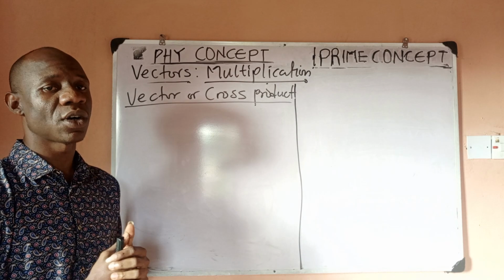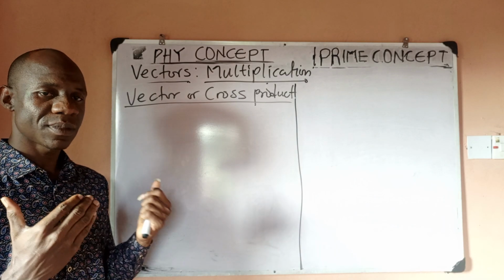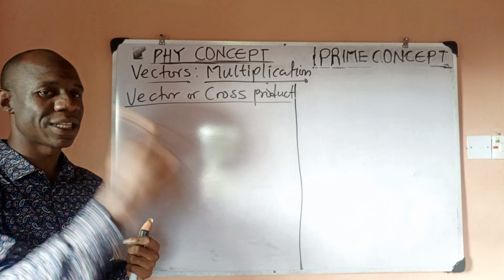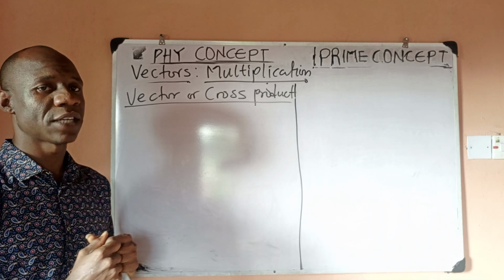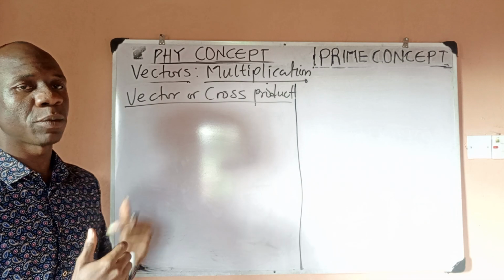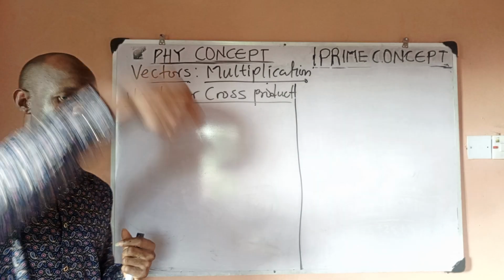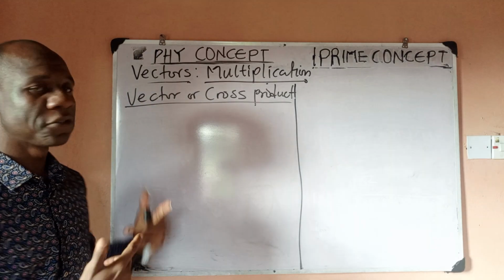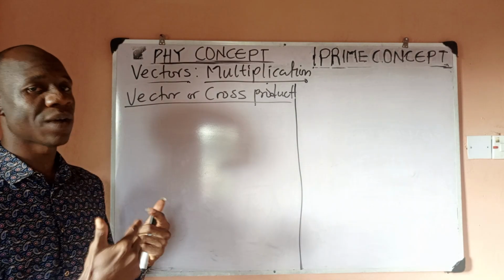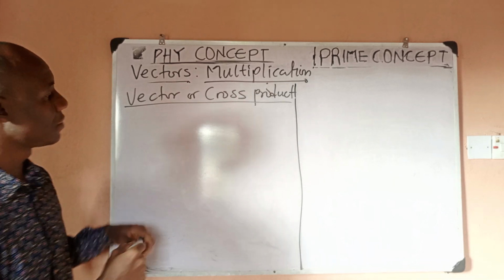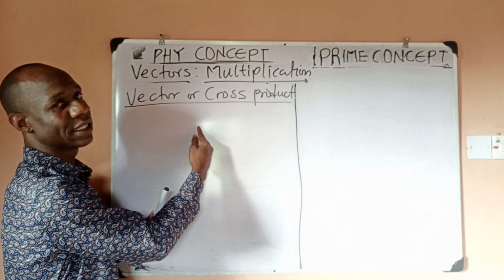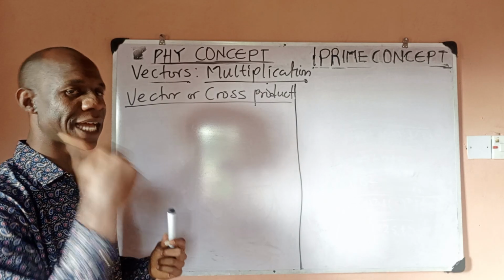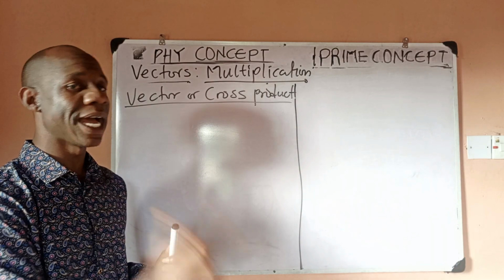Now, for vector product, we want to learn what it is. So vector product is actually the product of two vectors that gives rise to another vector, and that is why we call it vector product. So this kind of multiplication would yield another vector. Remember, for vector analysis, how you know that you have a vector is if that quantity carries i, j, or k, it means it is a vector, because i, j, and k represent the direction.